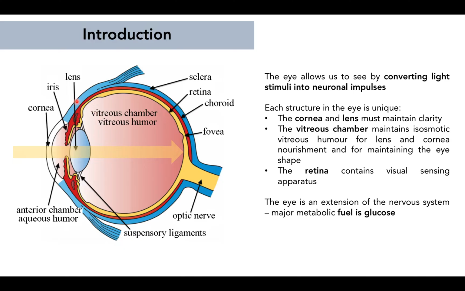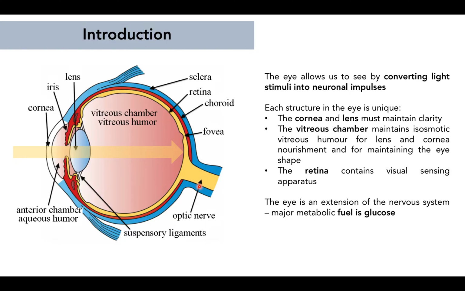For example, the cornea and the lens must maintain clarity at all times. The vitreous chamber and humor maintain isosmotic pressure and provide nourishment for the lens and the cornea of the eyes. And finally, one of the most important components is the retina, which contains the actual visual sensing apparatus that we need to convert photon stimuli into a neuronal impulse.